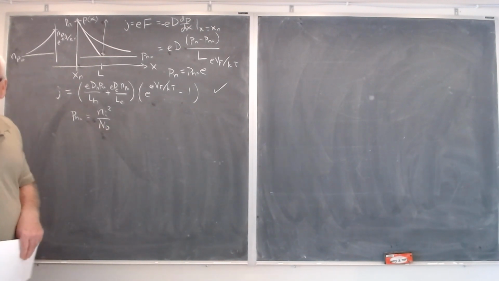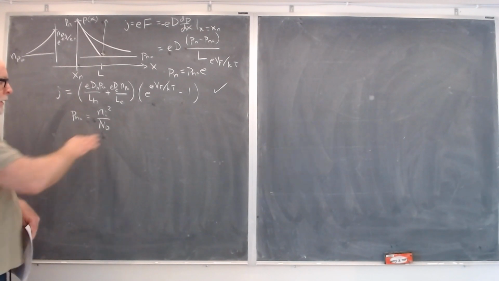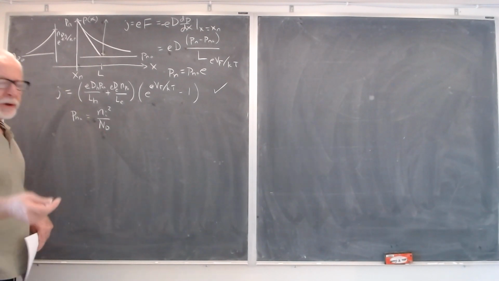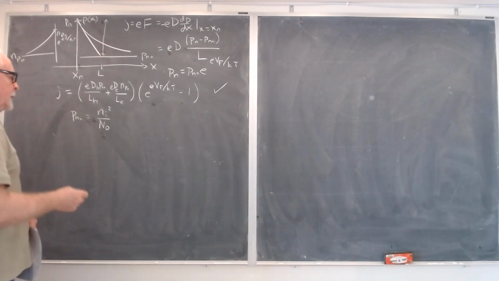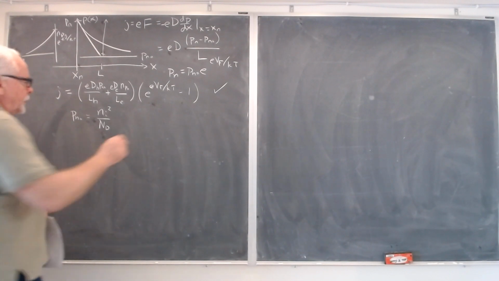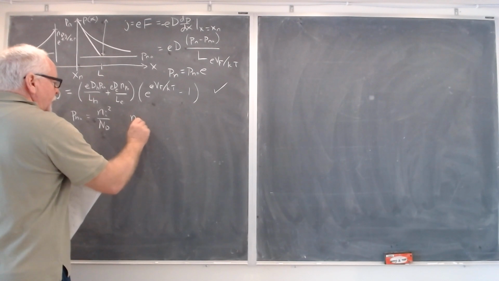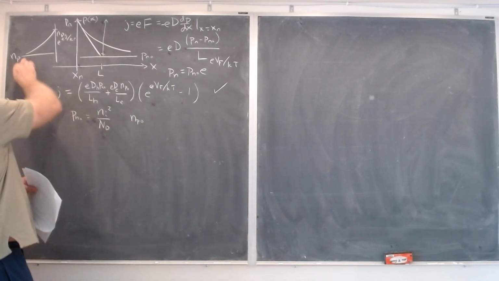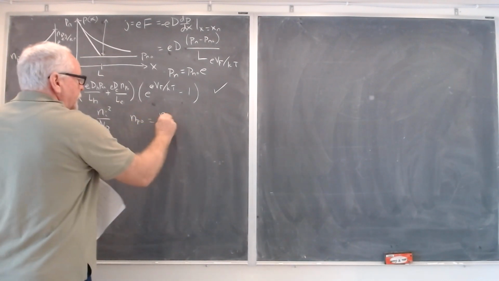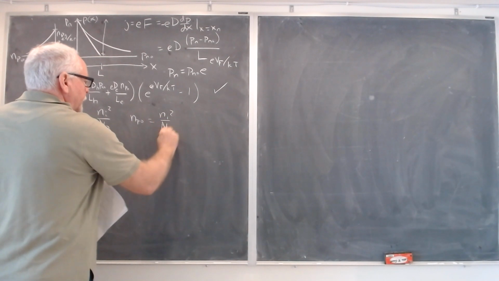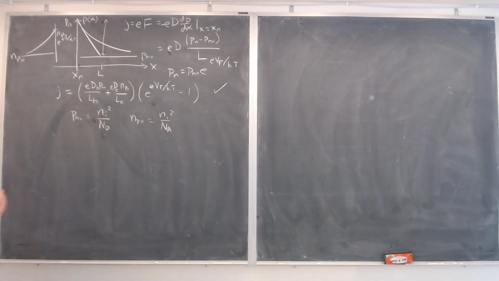But you've seen from your previous homework that as long as Nd is about 10 times Ni, that's a pretty good approximation. We're going to approximate the same thing: Np0 is equal to Ni squared over Na, which you know from the quiz too. Pretty much everyone seemed to get that part.